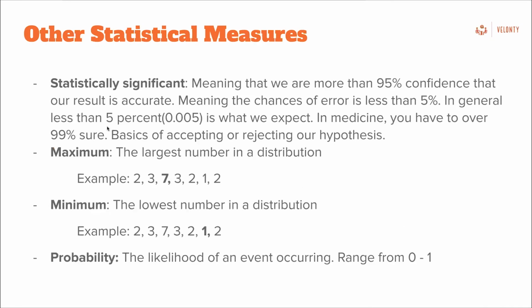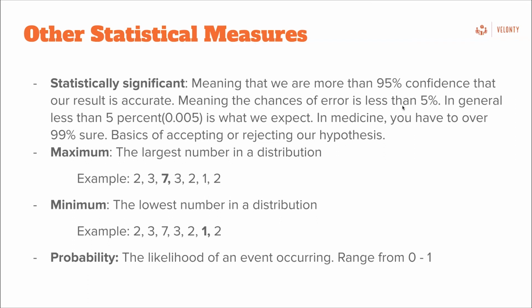So you hear something called statistically significant. Oh, this thing is significant. This is one term you will use a lot, meaning that we are more than 95% confident that our result is accurate, meaning the chance of error is less than 5%.